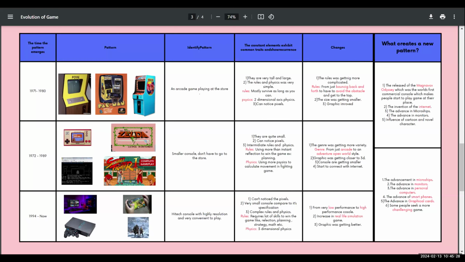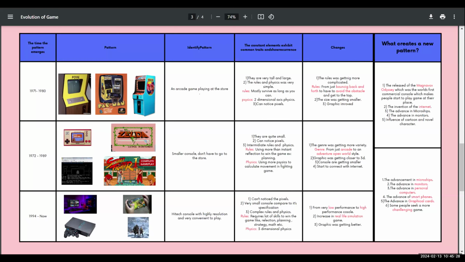It makes the games connect to people online. The third one is the advance in microchips. The fourth is the advance in monitors, and the fifth is the influence of cartoons and novel characters. As you can see, the example is Zelda. Zelda is influenced by Peter Pan from Disney.